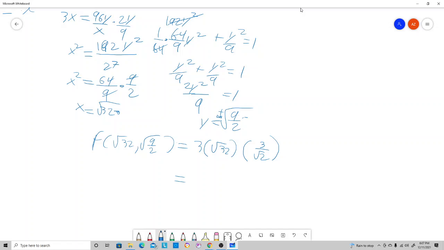And then if we simplify it, we can have 9 square root of 32 over square root of 2, which can simplify to 9 times square root of 16. This 16 will become a 4, so 4 times 9 is 36, and then we have it. So our maximum is 36 at these points.